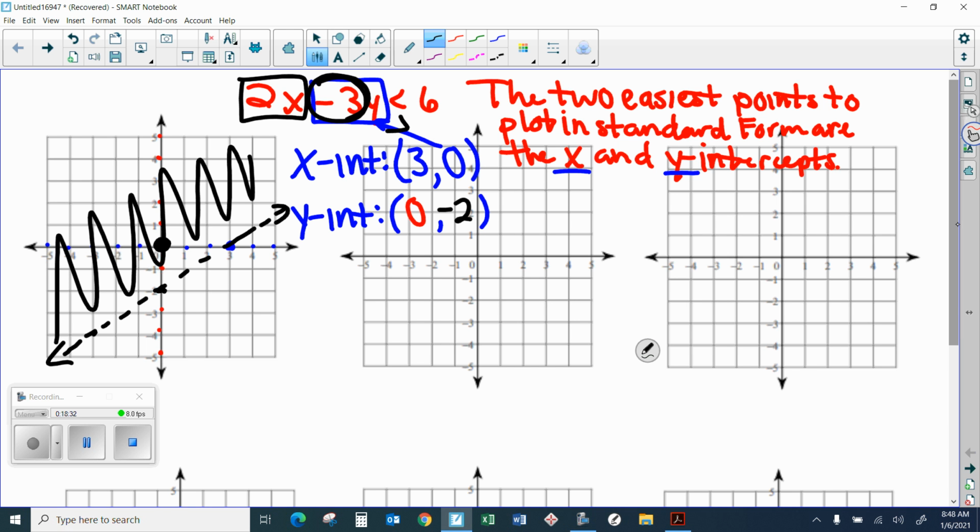Okay. All right, so now if I have 2x minus 3y less than 6, and I want to solve it for y and put it in slope-intercept form, because some of you like to graph from slope-intercept form much better, or all the time. I don't recommend it. If it's in standard form, I use the x and y intercepts, but again, some teachers just continually teach you to do it one way, which would be solve for y.